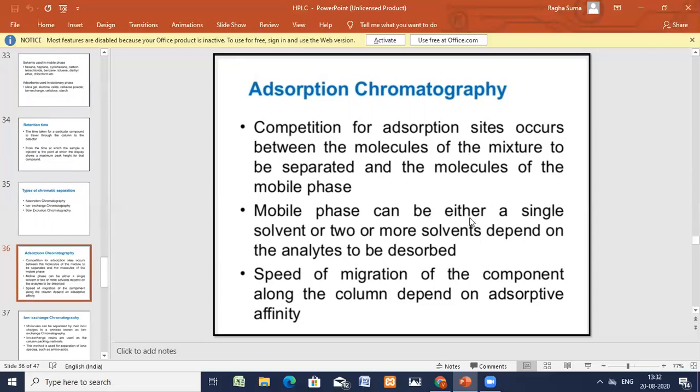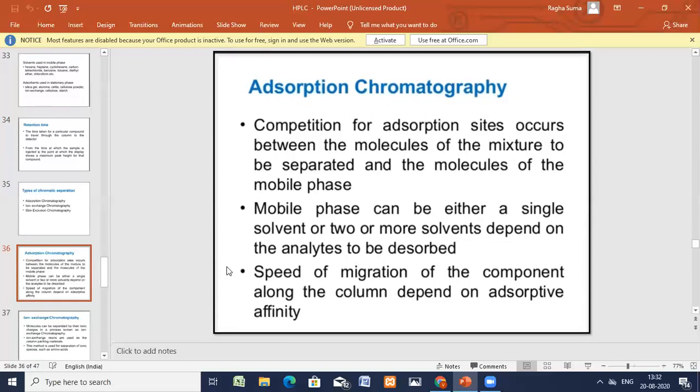The mobile phase can be a single solvent or two or more solvents, depending on the analytes to be dissolved. The speed of migration of the component along the column depends on adsorptive affinity.